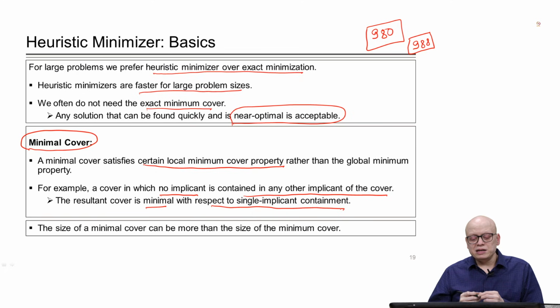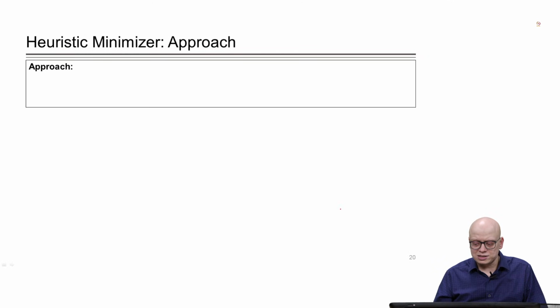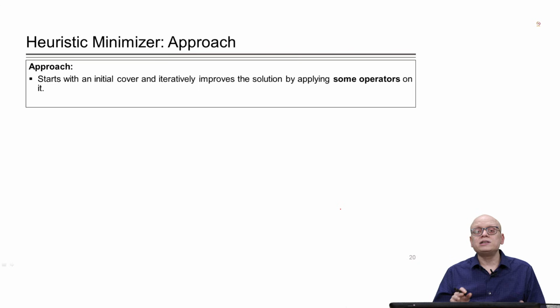The size of the minimal cover can be more than the size of the minimum cover, but we are fine with it, because if the minimal cover is still close to the minimum cover, it is acceptable. For many practical cases, the heuristic minimizer is able to find a minimal cover which is close to the minimum cover. Now, what is the approach of the heuristic minimizer? It starts with an initial cover.